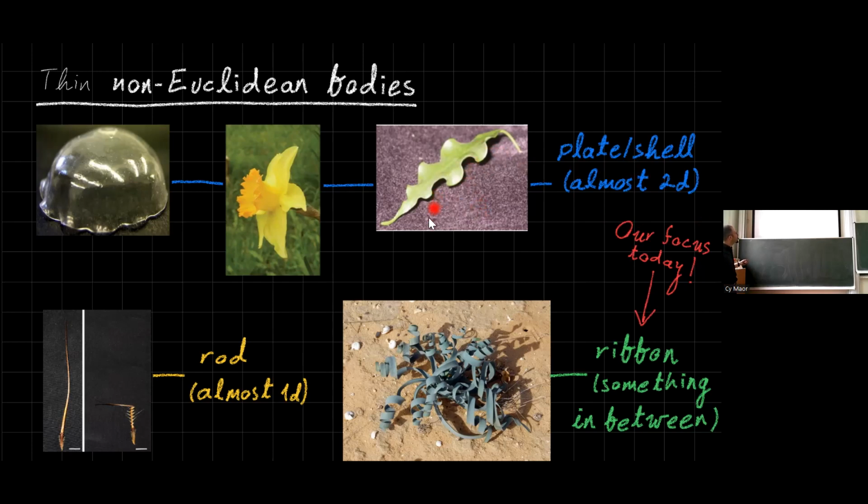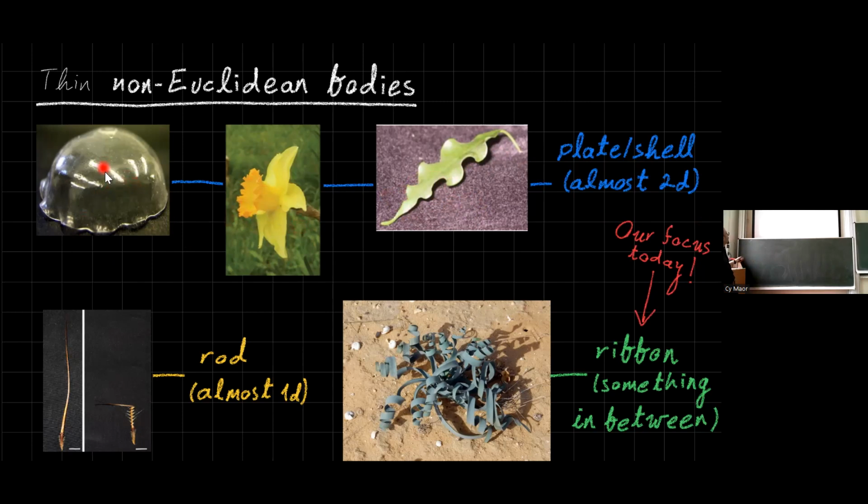So this is a leaf that grows faster near the edges relative to the inside. So it has somehow too much circumference compared to the radius, so it gets this type of hyperbolic metric that you can see here. This flower is somehow similar.